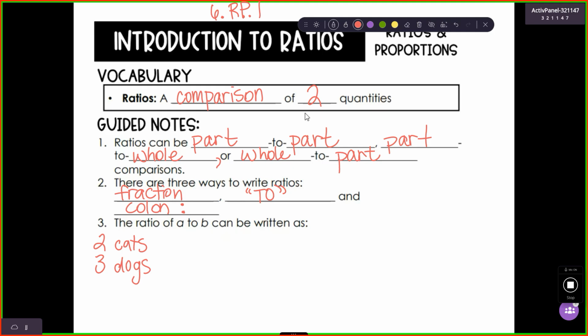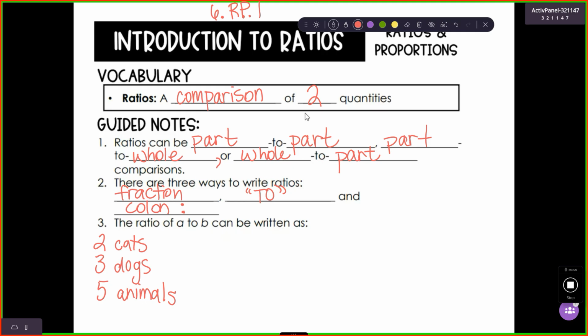What are cats and dogs? They're animals. What's the total amount of animals that I have here? 5. So we have 2 cats, we have 3 dogs. The total amount is 5.